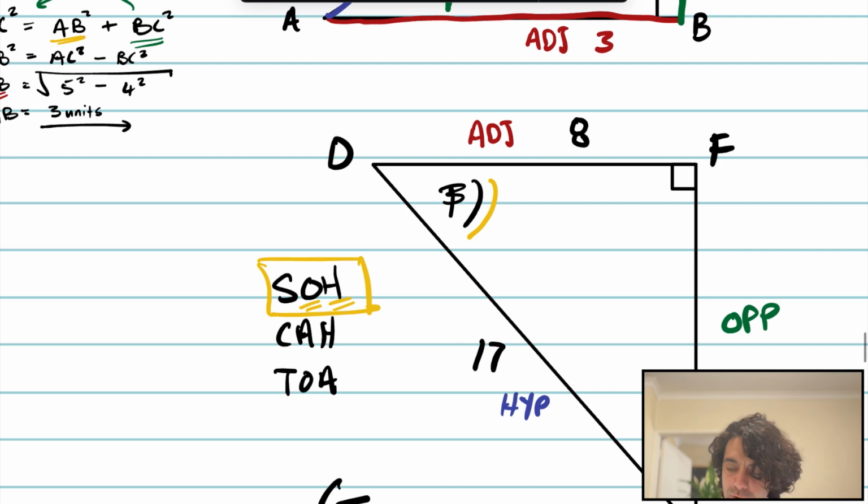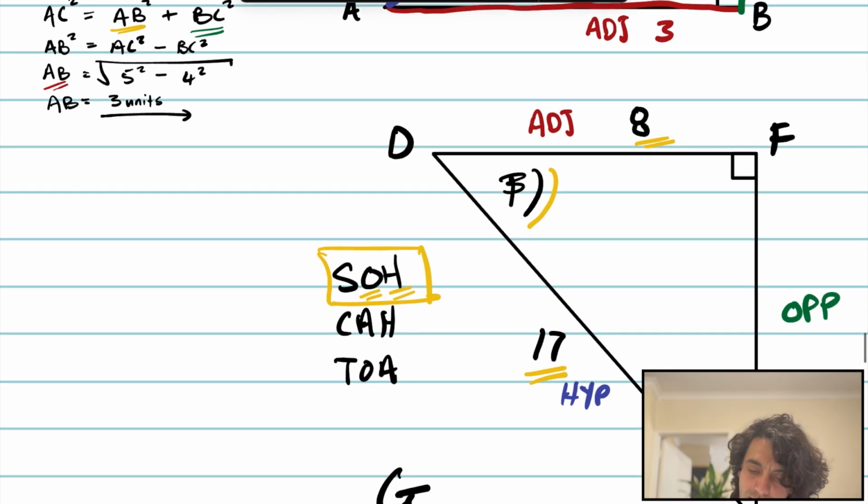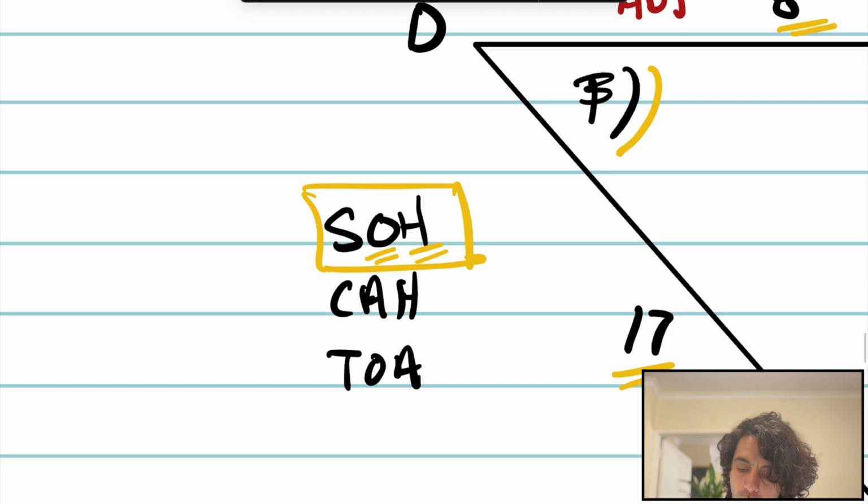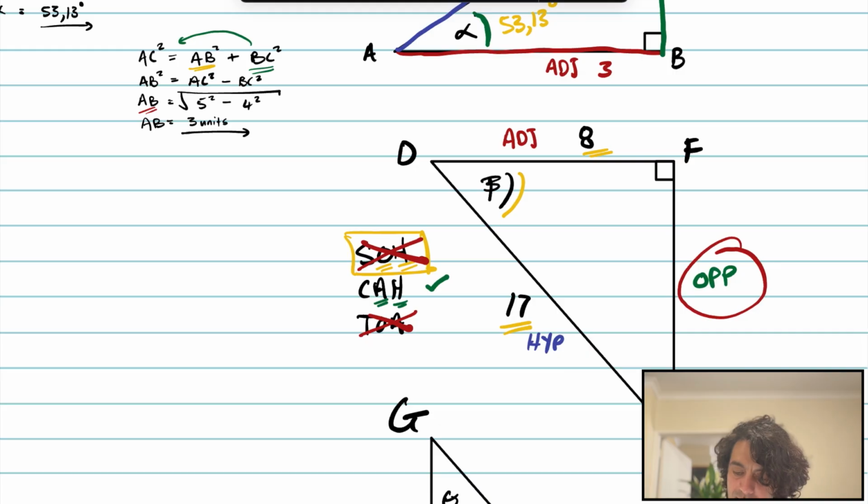I only have 2 pieces of information. I have the hypotenuse and I have the adjacent. So I have to find a trig ratio that incorporates both the adjacent and the hypotenuse. Sine incorporates opposite and hypotenuse, so I can't use that. Cos incorporates my adjacent and my hypotenuse, so I can use that, and I can't use TOA because that's my opposite and my adjacent, and that leaves me with 2 unknown variables.